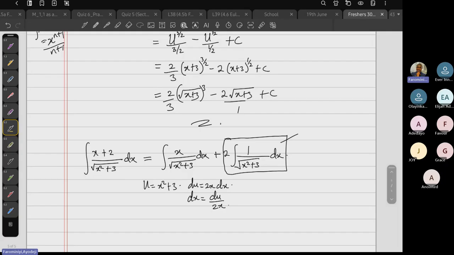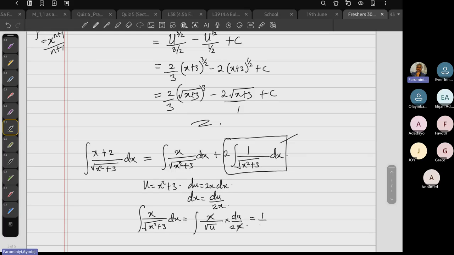So it means that the integral of x over square root of x squared plus 3 with respect to x is equal to the integral of x over square root of u times du over 2x. And then the x cancels the x.